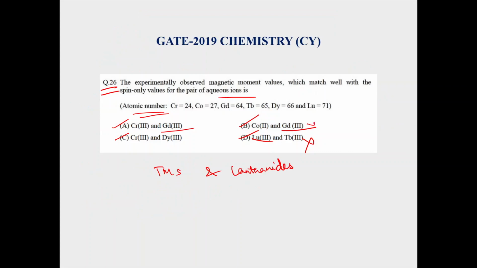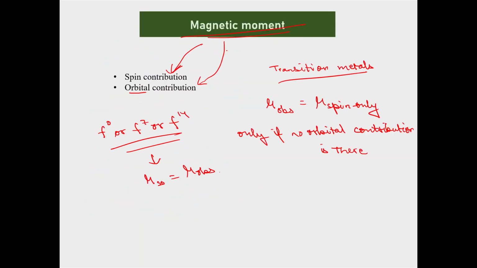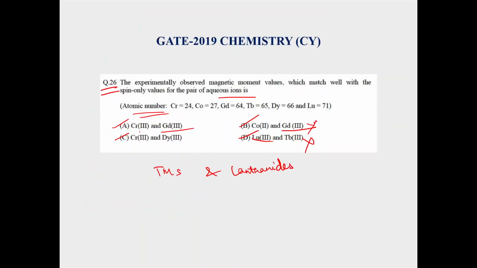Then chromium 3, which is a d3 system. So chromium 3 and gadolinium 3, this will be the correct option for this question.